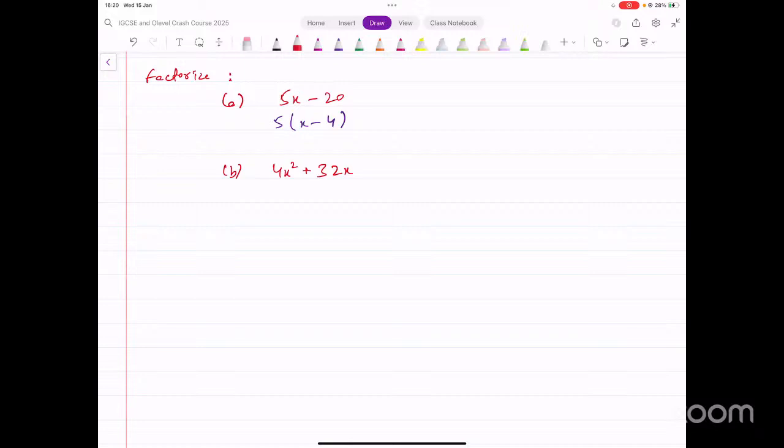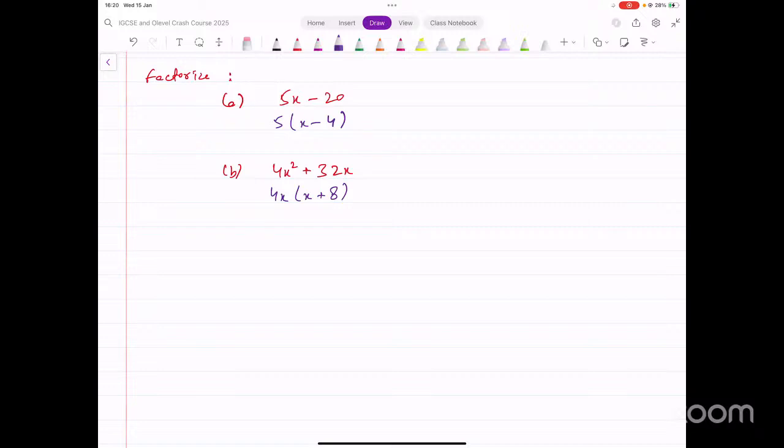Now, what's common in these two terms? You've got 4 here, you've got 32 here. You can take 4 common outside. That's one thing that you can take common, okay? And then what about the variables? We've got x squared, we've got x. What about the powers of x? We can take x common outside. That leaves us with x plus 32 over 4. That is 8. We're left with x plus 8 inside. This is called factorized form.